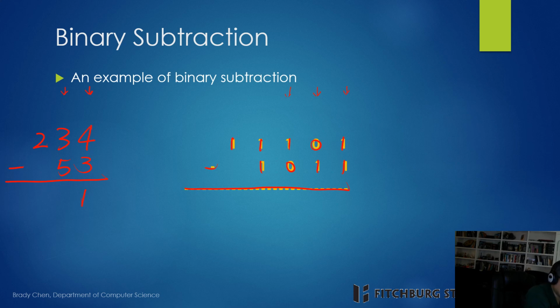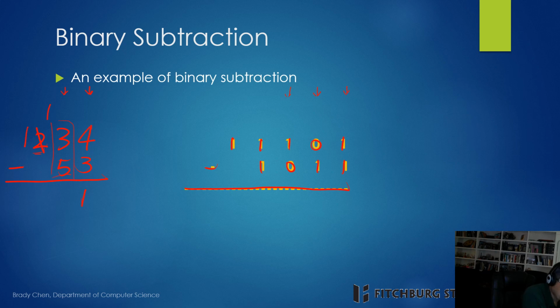However, we know the top number is bigger than the bottom number. So even though in the tens position the top number is smaller than the bottom number, we can borrow a number from the next position. The next position, we have 2, right? So if the current position wants to borrow a 1 from the next position, the next position is going to subtract 1, and the other 1 is borrowed by the current position.